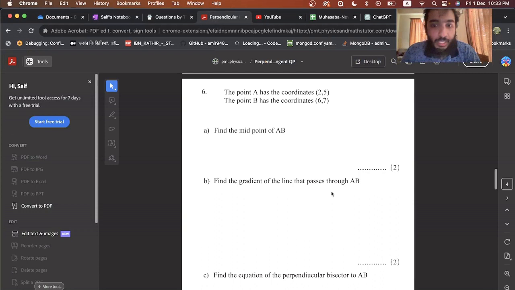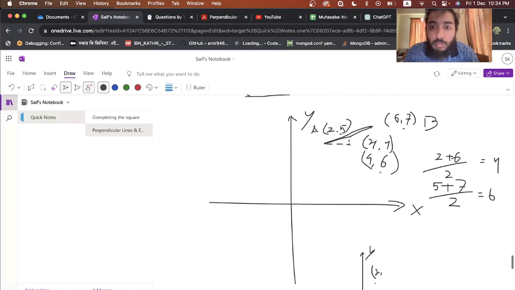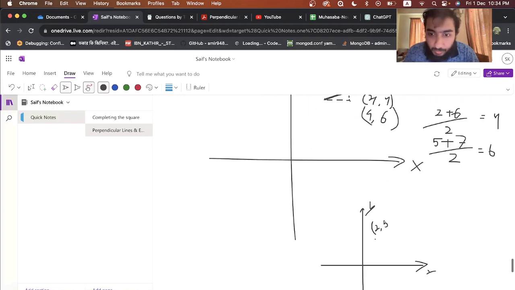If I use an x-axis and y-axis, and this is 2, 5, and this is 6, 7, then you have to find the slope of this line AB.